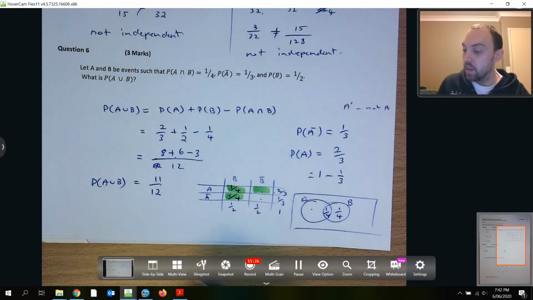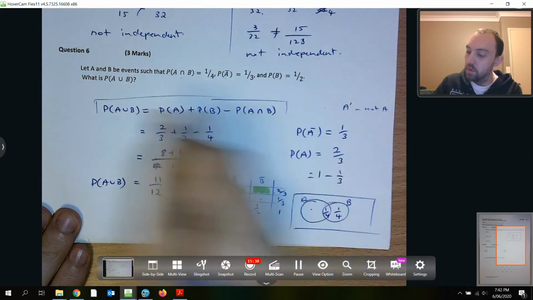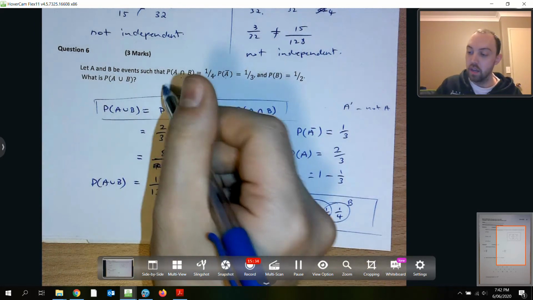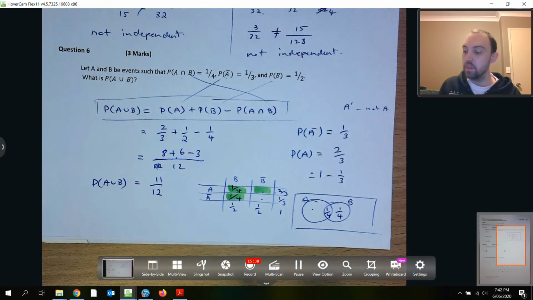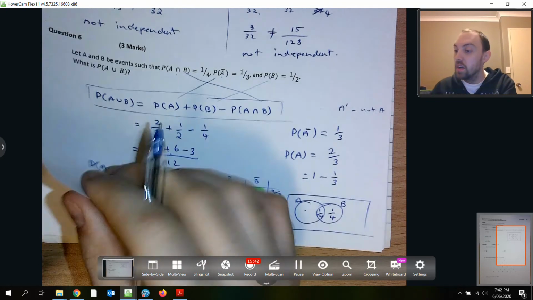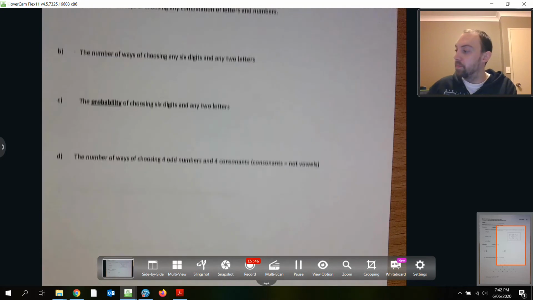Anyways, lots of ways to think about that, but I believe the addition rule, if you recognize each of those parts, you can work that out pretty quickly and algebraically instead. It is only 3 marks, so don't spend too much time on it.